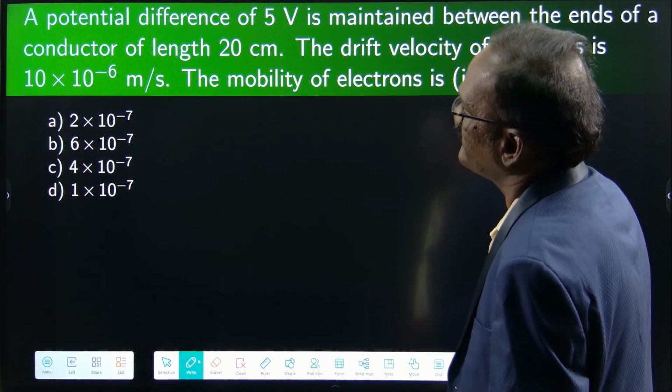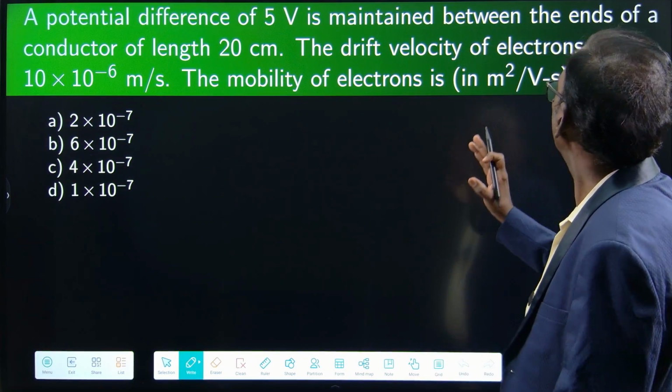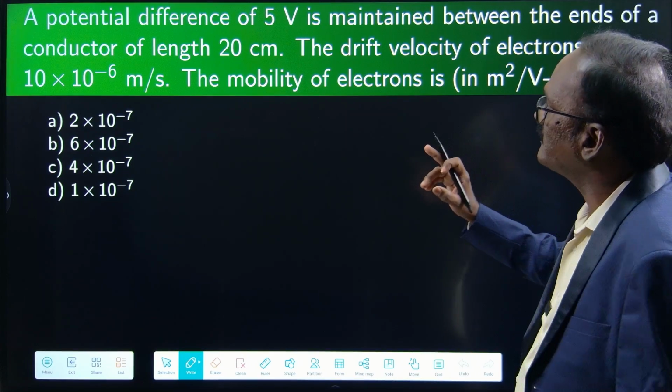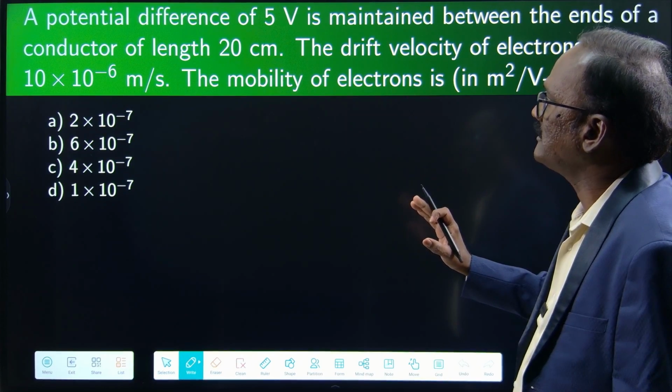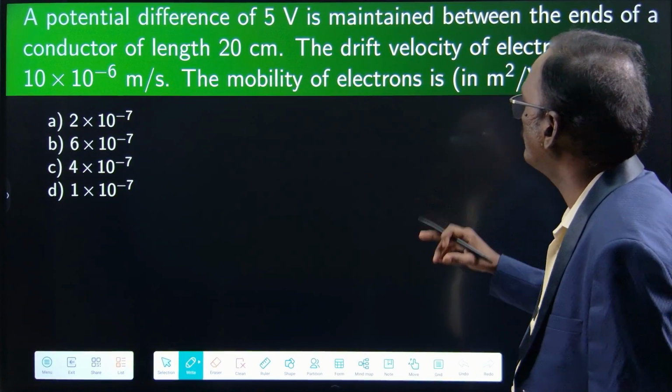A potential difference of 5 volt is maintained between the ends of a conductor of length 20 centimeter. The drift velocity of electrons is 10 times 10 to the power minus 6 meter per second. The mobility, again a mobility problem.